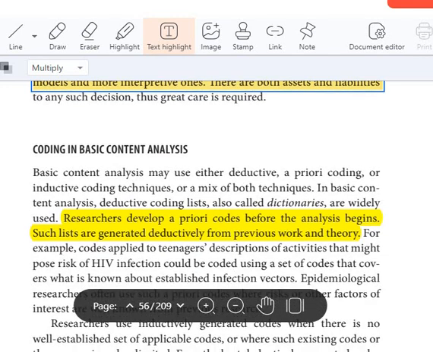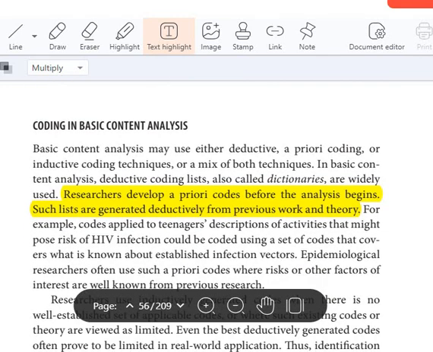Okay, let's go to the coding part here. Coding in basic content analysis, as I have previously mentioned, can use either a deductive or inductive coding system. Deductive means a priori coding. Priori means that it is previously done. Or the inductive coding techniques, or a mix of both. You can use both of them in a single study, there's no problem.